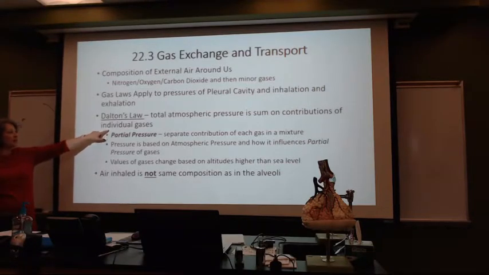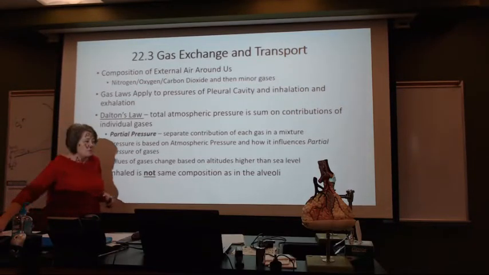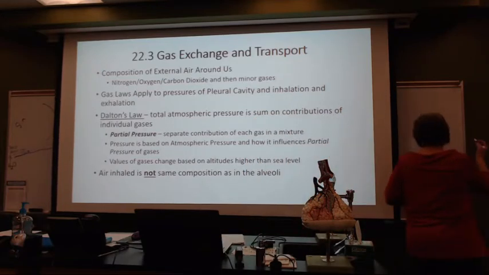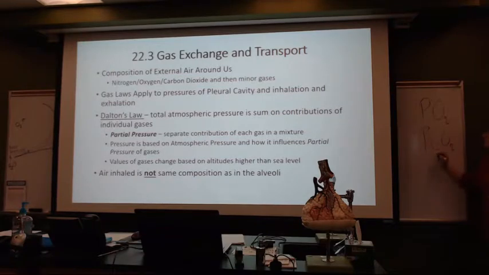This is what I was talking about for the P that you may see. You may see in your reading, lab, and so forth, something such as the P and then O2, P, CO2, that sort of thing. This means the partial pressure of this gas.